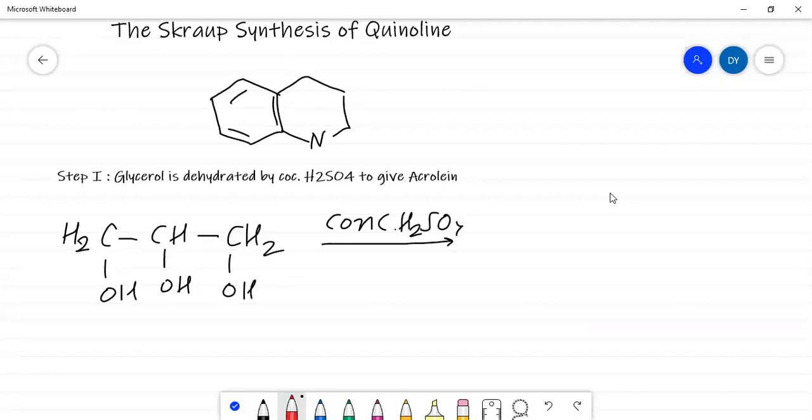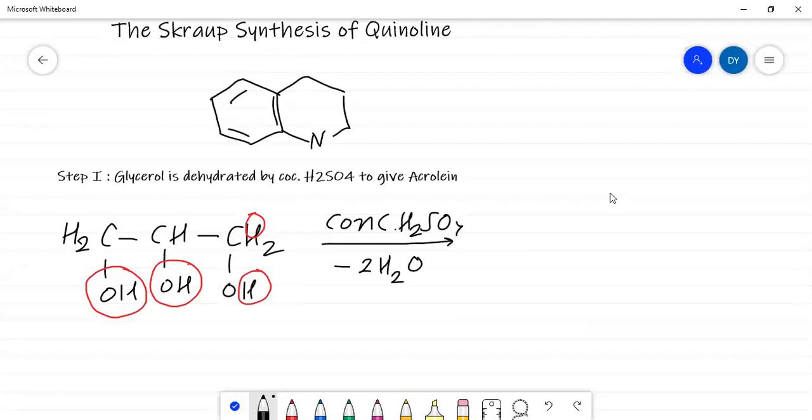See here, this OH group, one hydrogen from here and one hydrogen from this oxygen. So in total, how many water molecules are removed here? 2. So there is a removal of 2 water molecules.